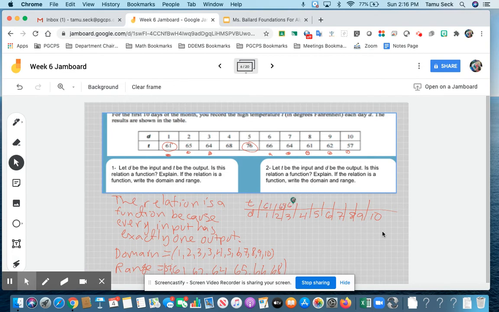That's fine. Okay, now, is the relation a function? Is it still a function? And then write the domain and range. Please, Miss Giles, please pause the video for 5 minutes so that the students can answer this question on the Pear Deck.